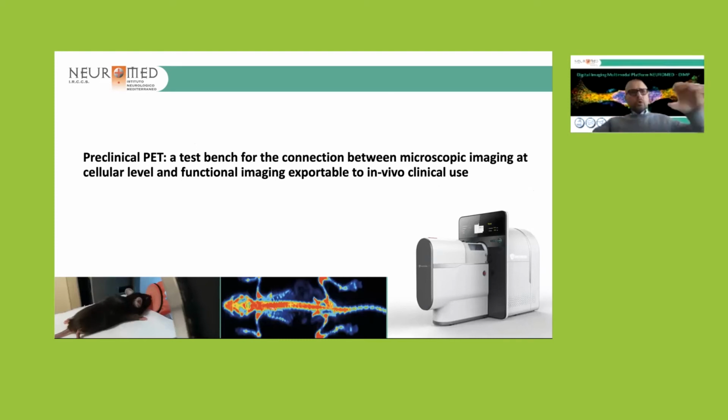So, if I need to conclude this second part, I would say that preclinical PET is a test bench for the connection between microscopic imaging at cellular level and functional imaging exportable to in vivo clinical use. So this is how we try to use preclinical PET.